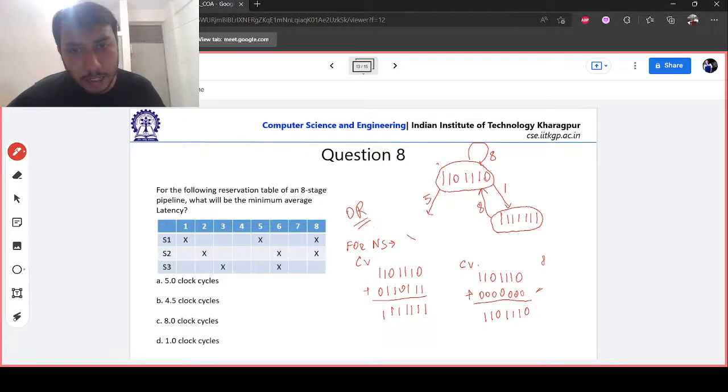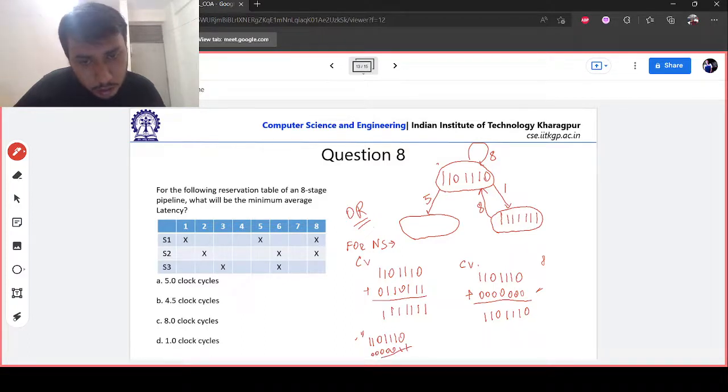Now the only remaining thing is what happens when we use 5, the latency cycle 5. Instead of one shift, we will shift it by 5. That will be 1, 1, 0, 1, 1, 1, 0, and by shifting it by 5 we'll have only these two, 1, 1, 0, 0, 0, 0, 0.